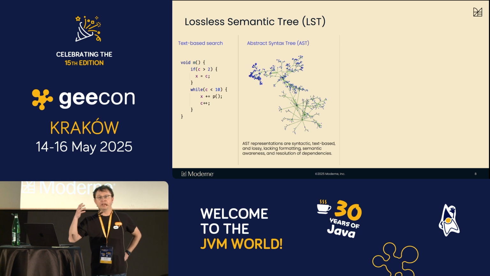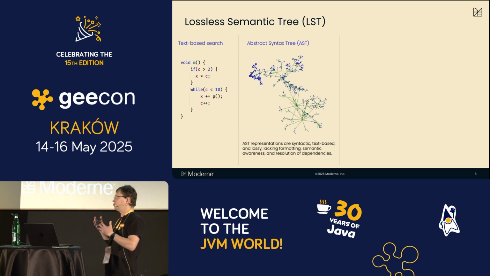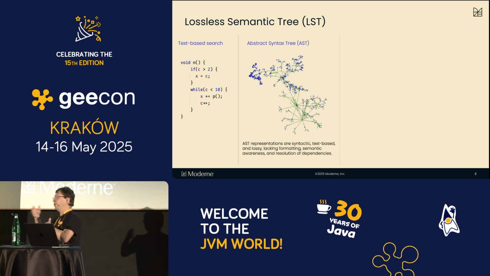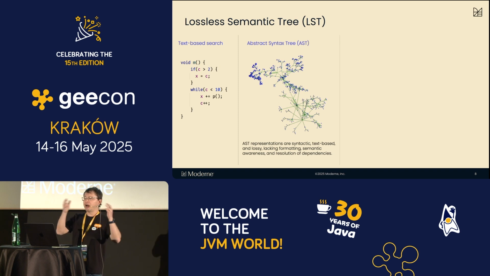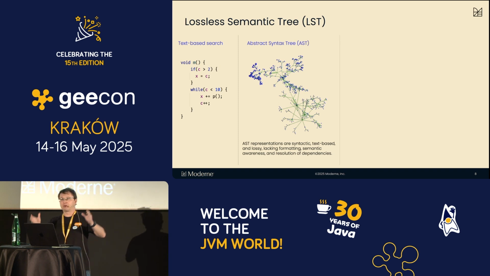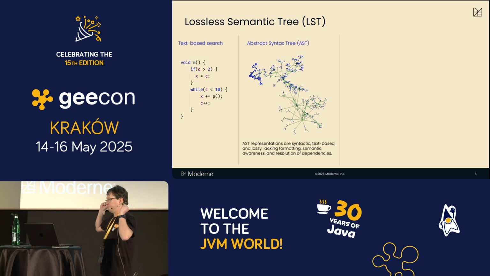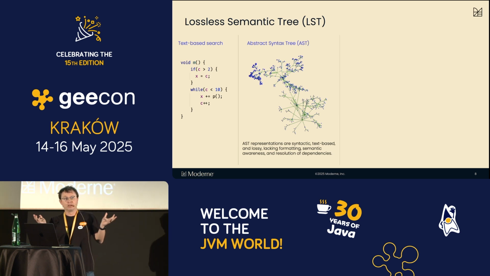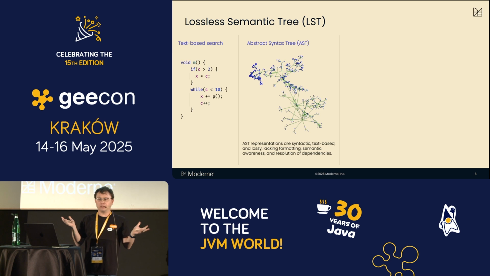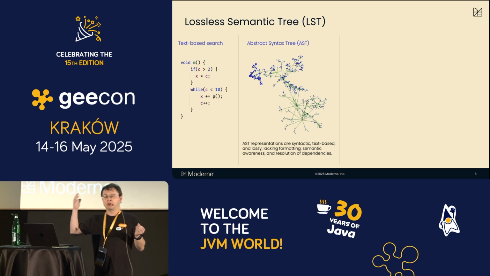But this tree is not useful for code manipulation and code refactoring if you would like to preserve your formatting and apply different recipes or rules on top of this code base. Because the AST tree lacks information about formatting, it doesn't preserve it, and it also lacks information about semantic code behavior and about the type system.